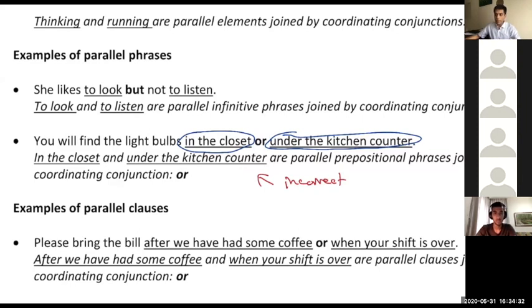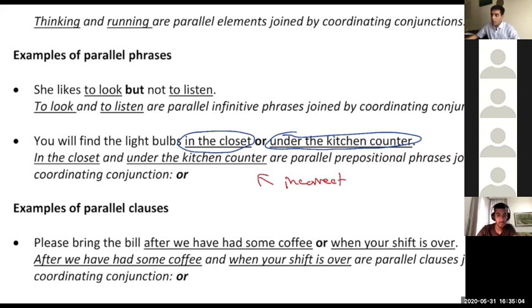That's still parallel. "You will find the light bulbs in the closet or they will be under the kitchen counter." Awesome, yes. You can remove "they will be," so it would just be under the kitchen counter. "You will be finding light bulbs in the closet or under the kitchen." I'm sure you can't find it under the kitchen, but grammatically, it's still correct, Shiv.